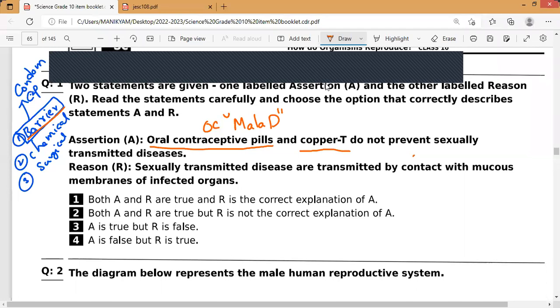If these pills are taken at the right time, they prevent pregnancy, but they also have unpleasant side effects, because taking these oral pills causes hormonal imbalance in the female body.